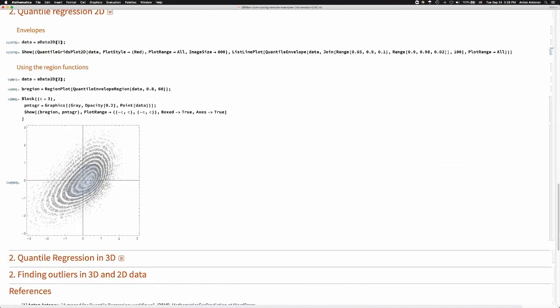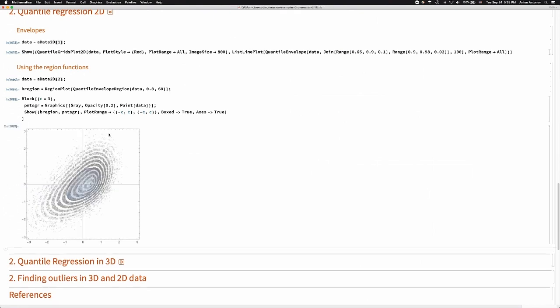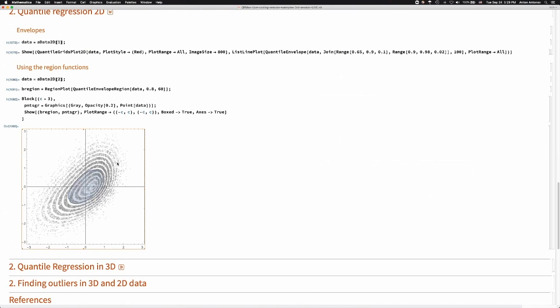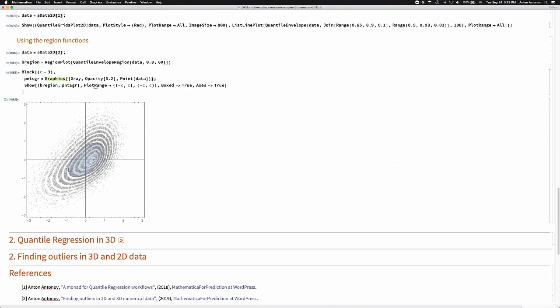I'm not going to talk too much about this, but one interesting remark is that this can be done also with the region functions. Mathematica has the so-called region functions, and they're very helpful.